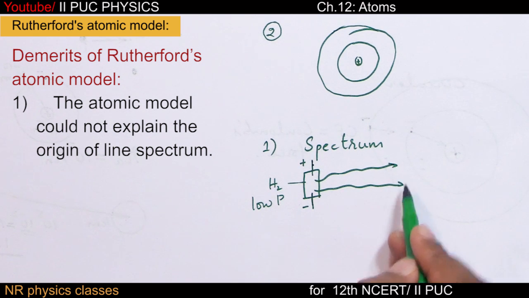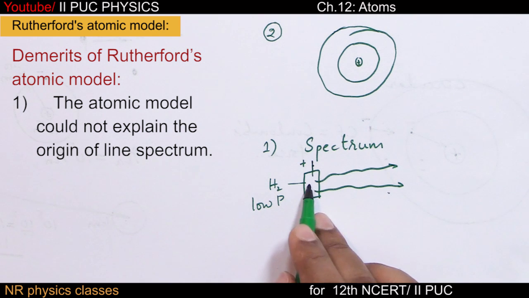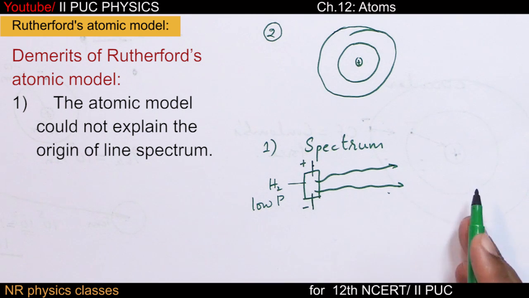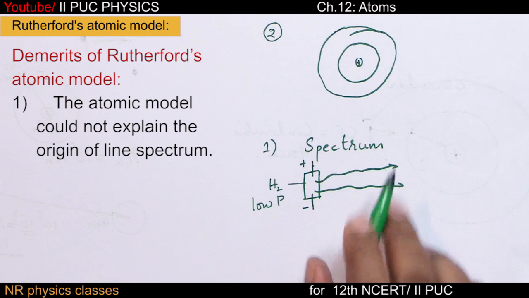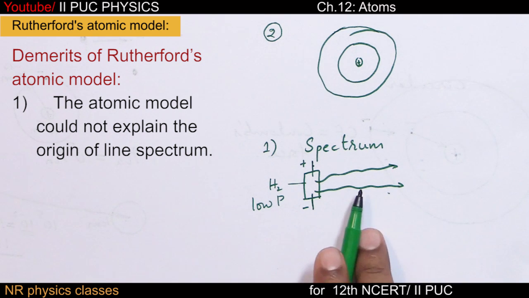So this is radiation due to hydrogen. So what is the origin of emission of radiation by the hydrogen atom? There is no explanation by this atomic model. So that is one limitation. Students, you are going to study more about the spectrum in the next topic.